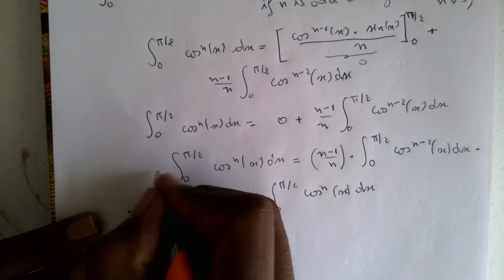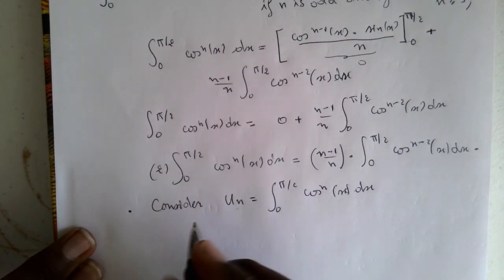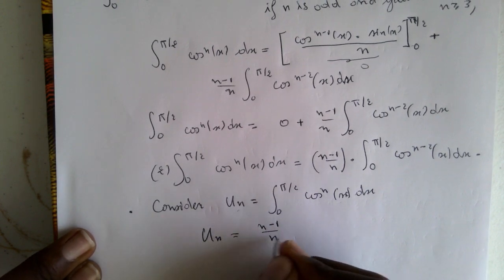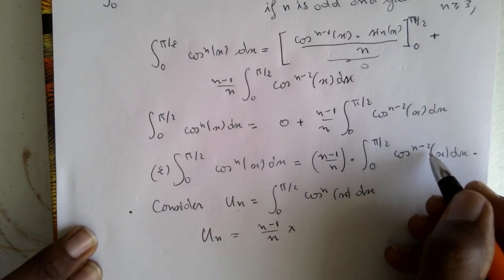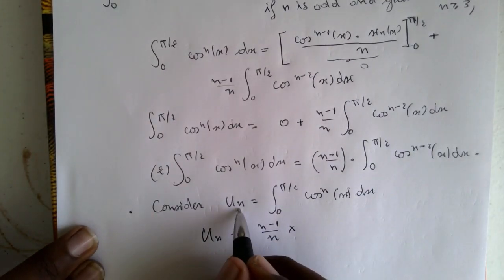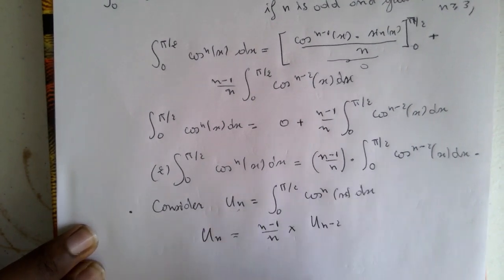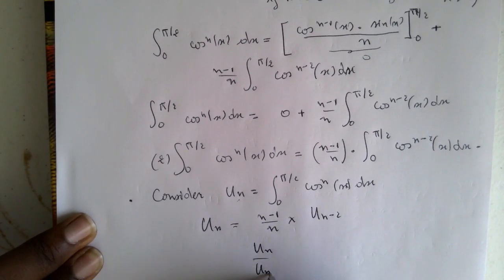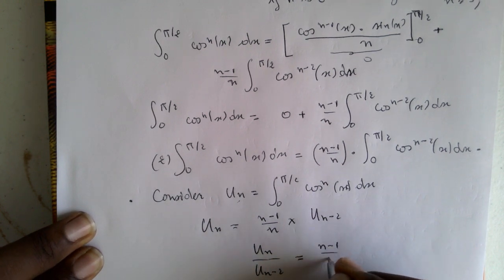In terms of u, this formula becomes u_n equals n minus 1 over n times u_(n minus 2), which is the same thing as u_n over u_(n minus 2) equals n minus 1 over n.